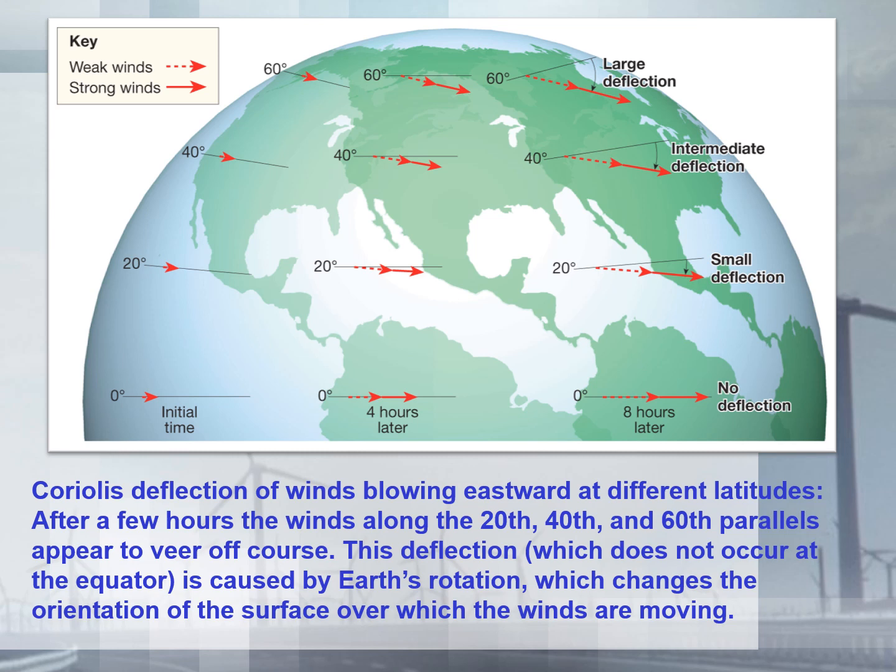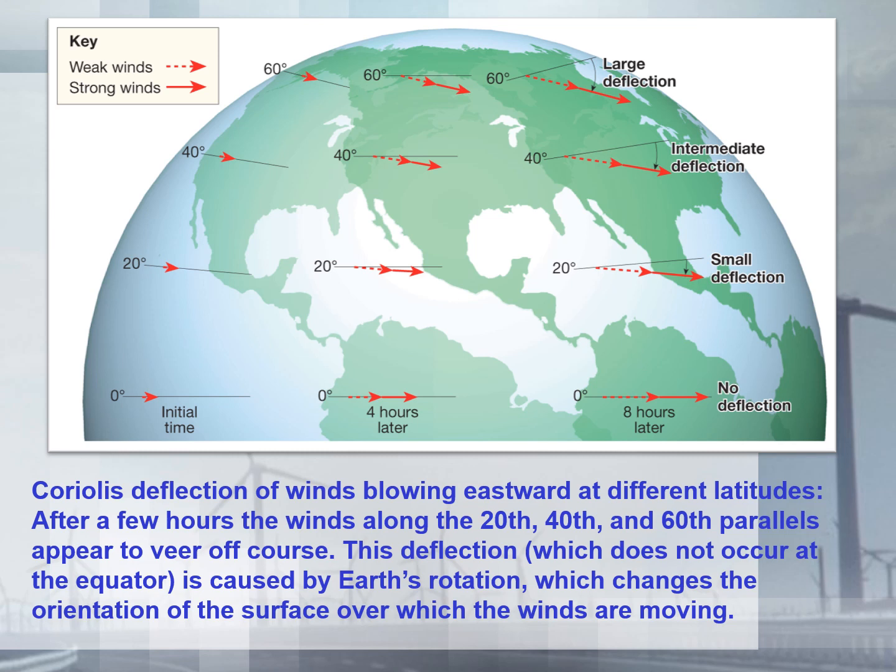Okay, so this is showing that the Coriolis effect is not equal at all latitudes on the planet. All right, so you might notice, look down there at the equator, no deflection. 20 degrees within the tropics, a small deflection, 40 degrees north, Pittsburgh and Philly, intermediate deflection, and then up there at 60 degrees, getting close to the Arctic Circle, there's a larger deflection.